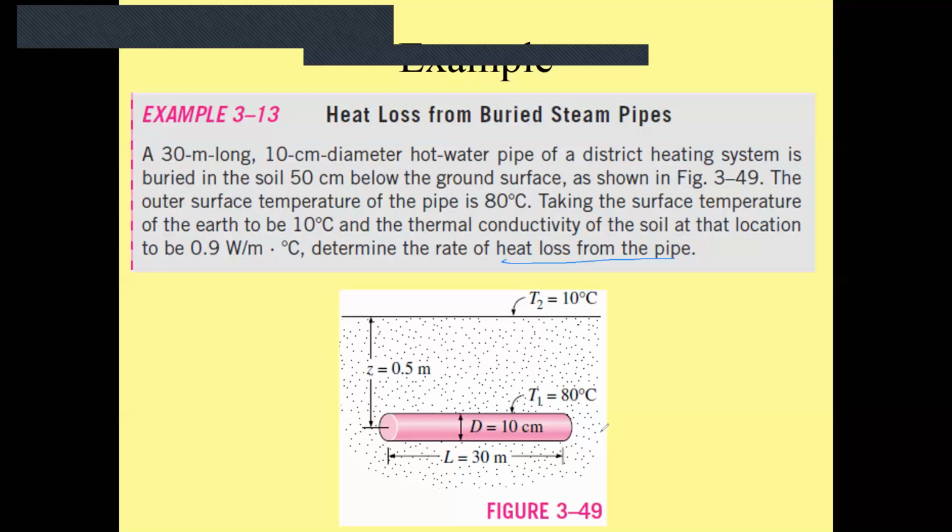L here is very large compared to D, and then Z must be larger than 1.5 times the diameter. If you multiply it, you see it's more than sufficient. So this ground here can actually act like a fin because of this geometry.